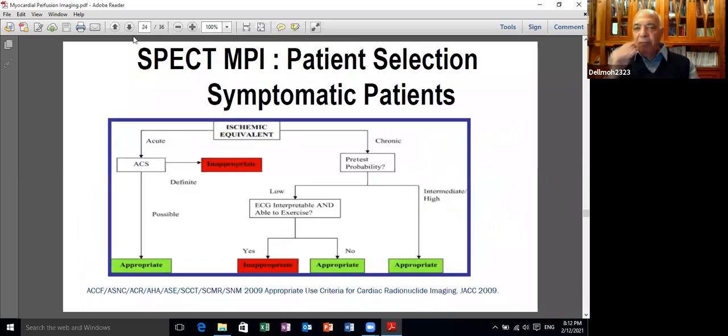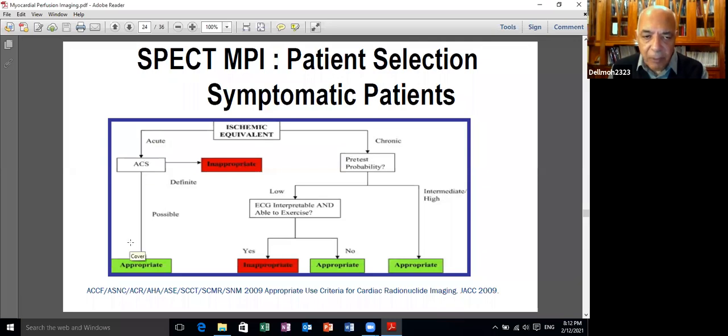Now, this is taken from the appropriate selection criteria, and it summarizes what I just said. This is a group of individuals with chronic ischemia. The reason we choose chronic ischemia, which is the right side of the screen, is that most patients with acute ischemia or acute coronary syndrome go to the cath lab.